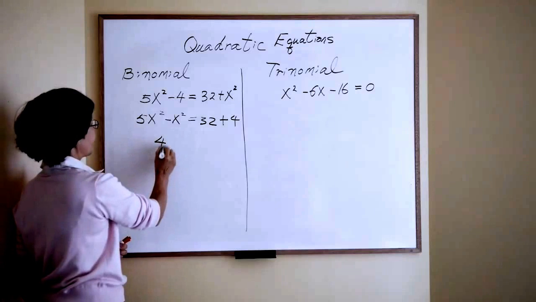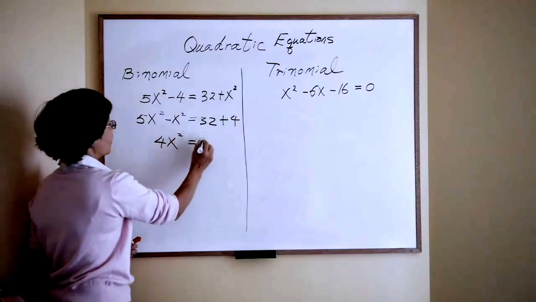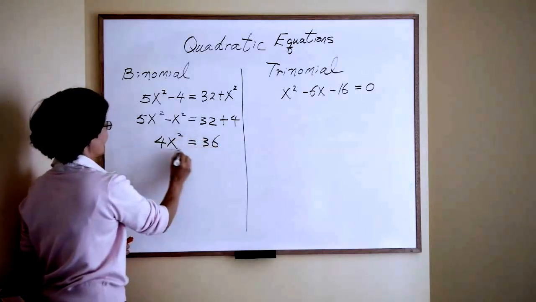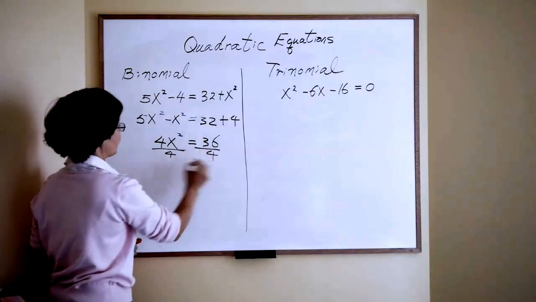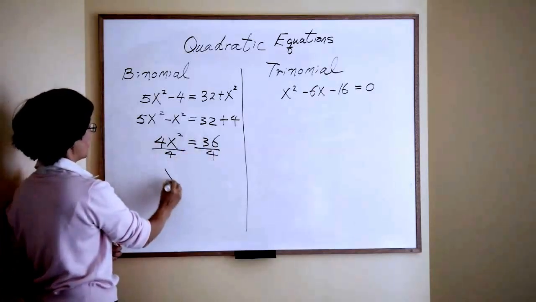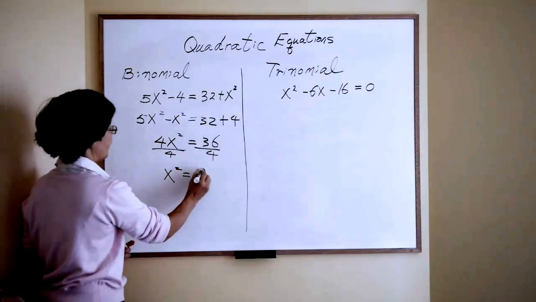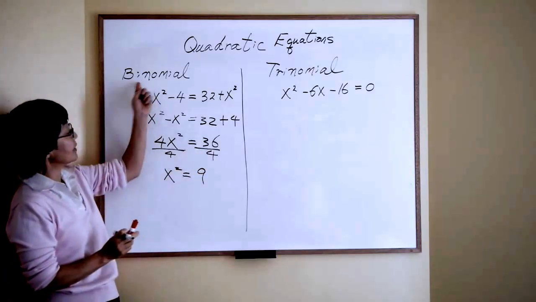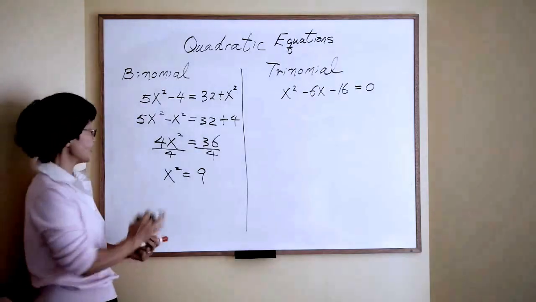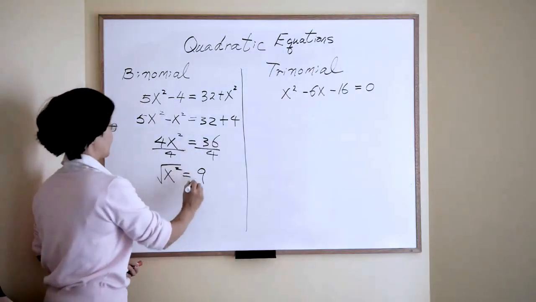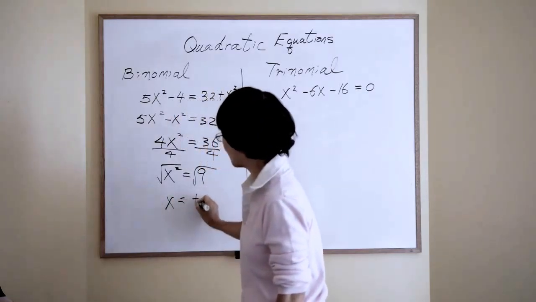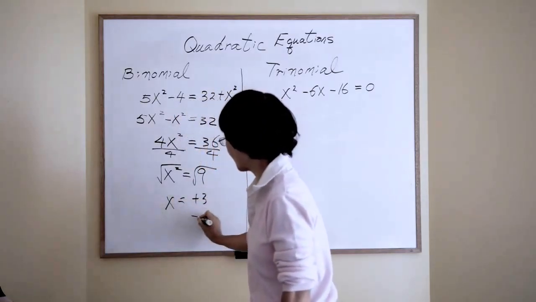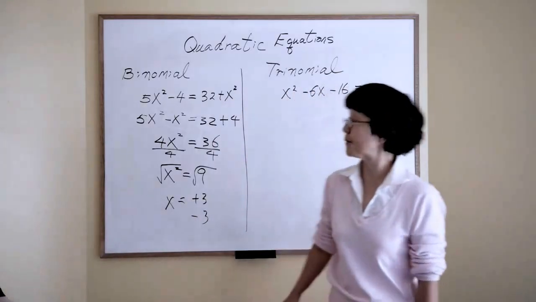So I have 4x squared equal to 36, and divide both sides by 4 to get rid of the 4. So I have x squared equal to 9. Now, in binomials, the skill basically is we just take the square root, okay? So x is equal to plus 3 or negative 3, okay? Good, so that's for binomials.